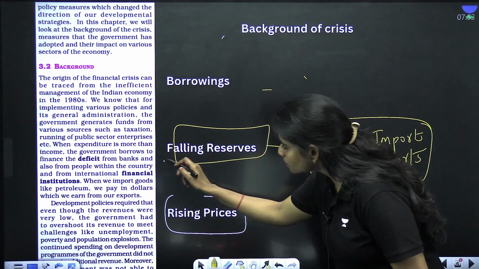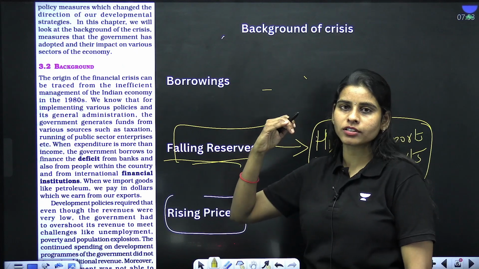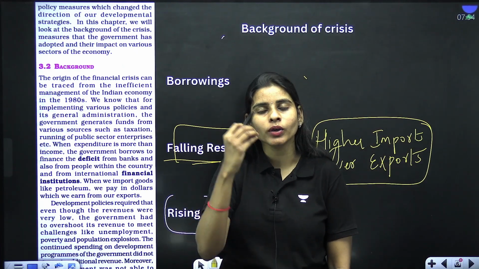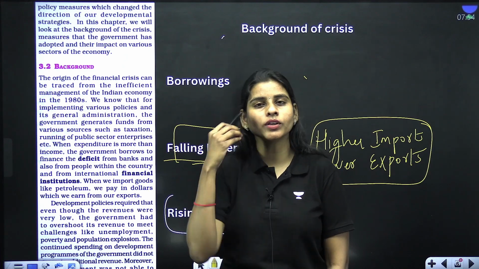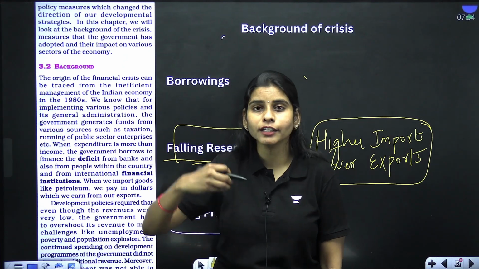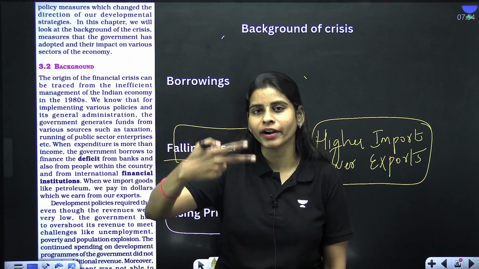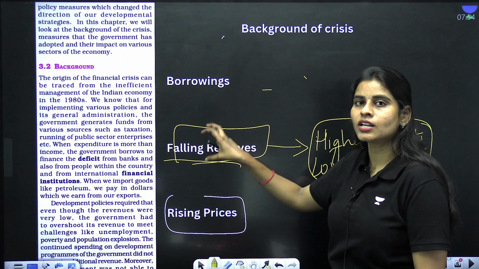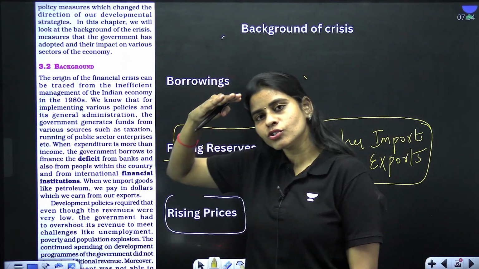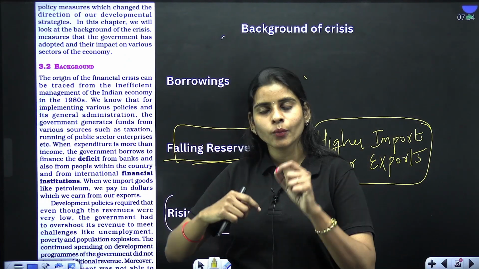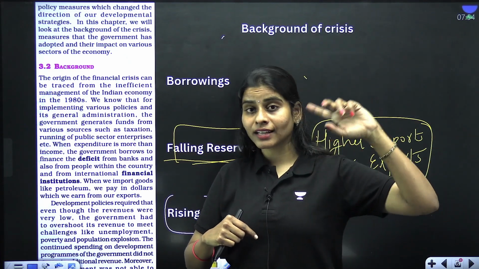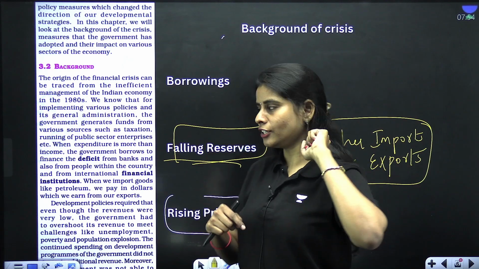Okay, so this was marked by falling of reserves. The import cover was very poor at that period of time. We had money, that is, we had foreign currencies only for meeting the import demands of the next 2 weeks at that period of time. So this was the situation that actually reduced the forex reserves of the country, which again reflected in not being able to pay back the external debt that we took.